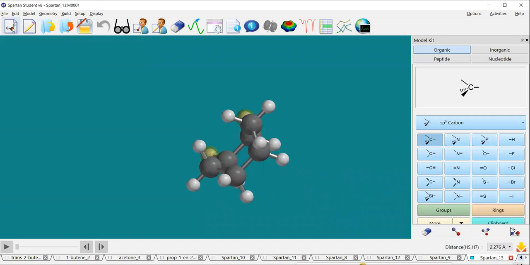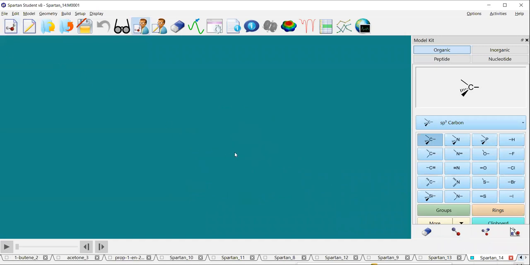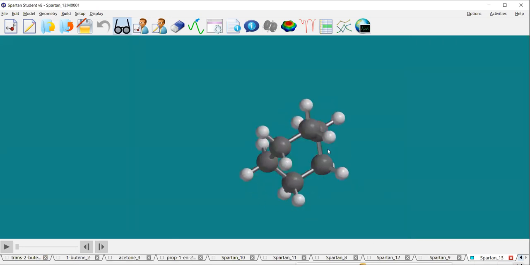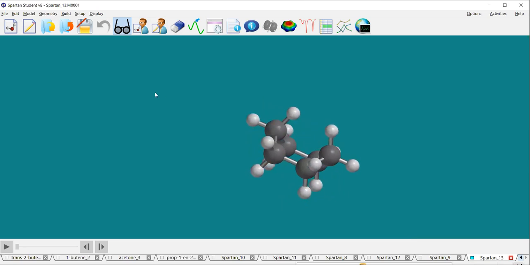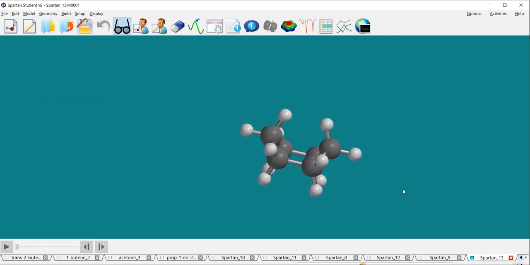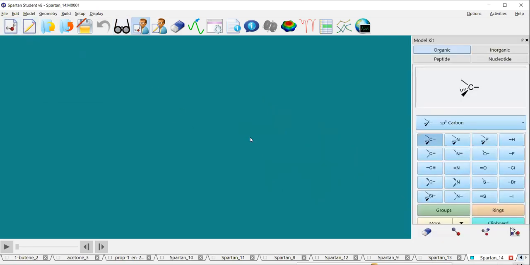Now we have to construct the cyclohexane. Oh, we have to twist it. This is my boat, and we have to minimize it to build a molecule of a twisted boat, right?